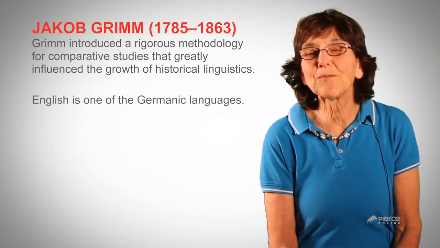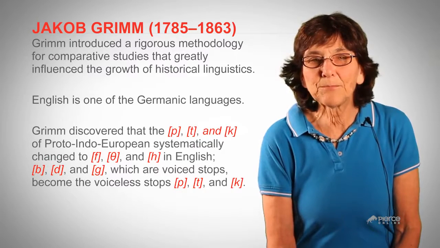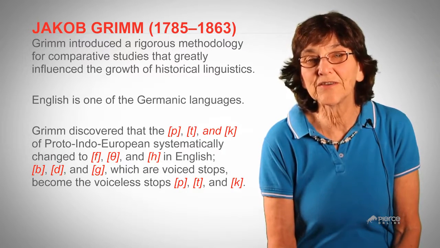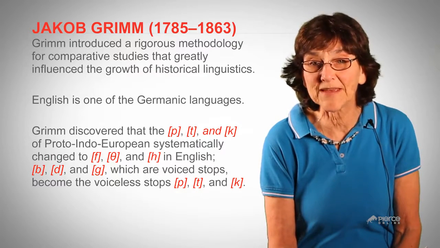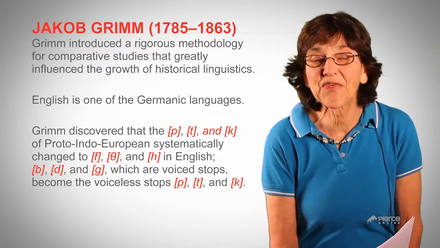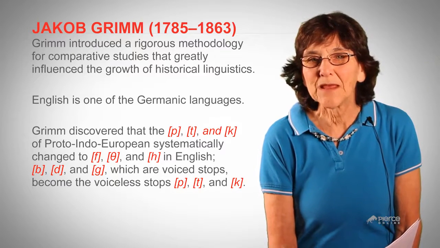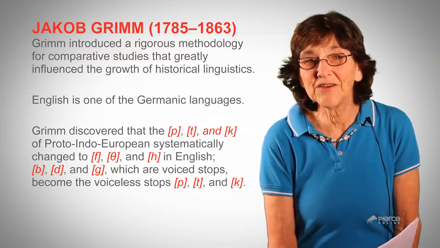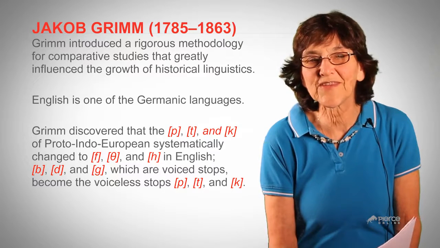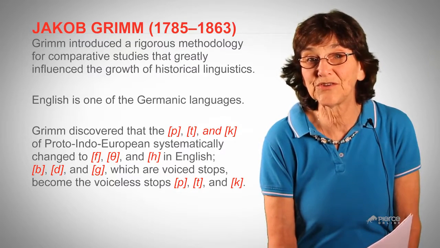English is one of the Germanic languages. Grimm discovered that the p, t, and k of Proto-Indo-European systematically changed to f, th, and h in English. B, d, and g, which are the voiced stops, become the voiceless stops p, t, and k.